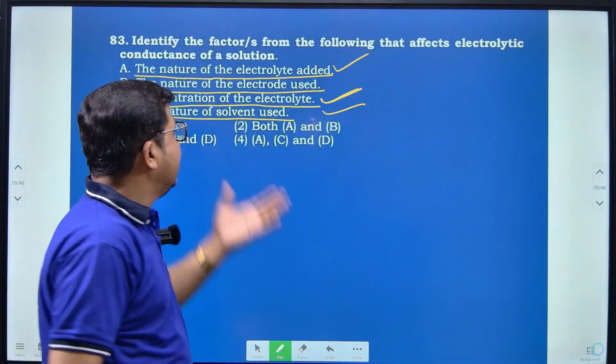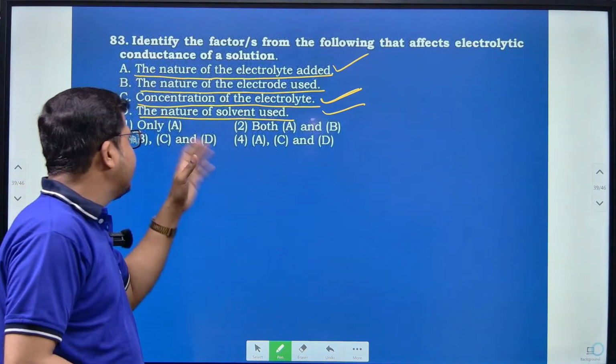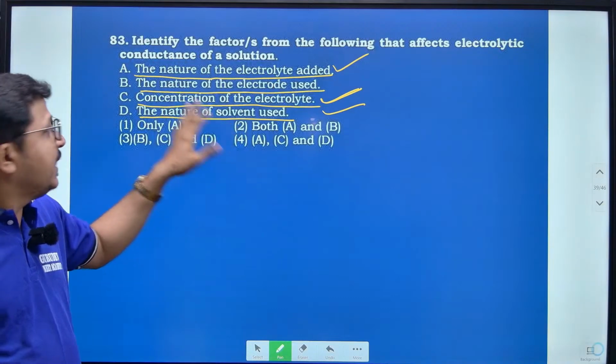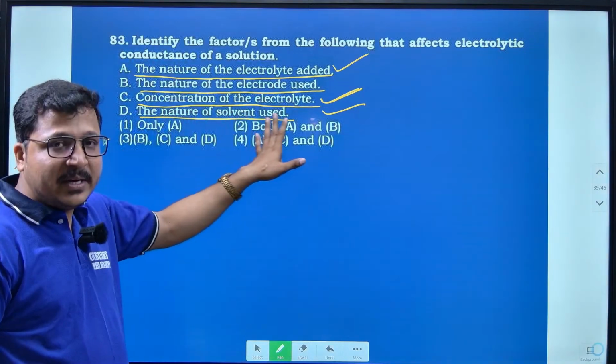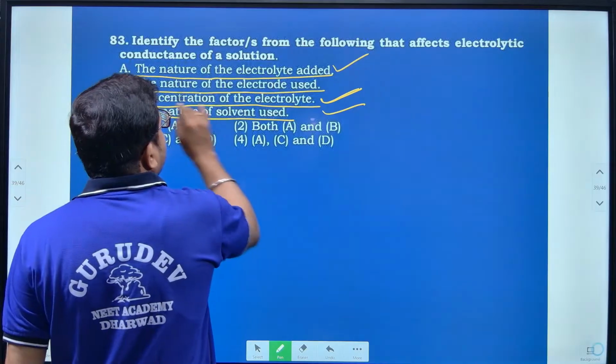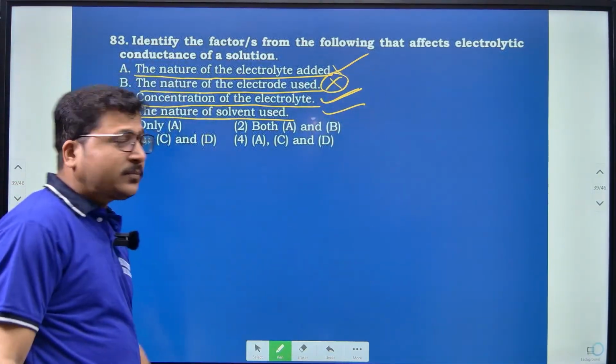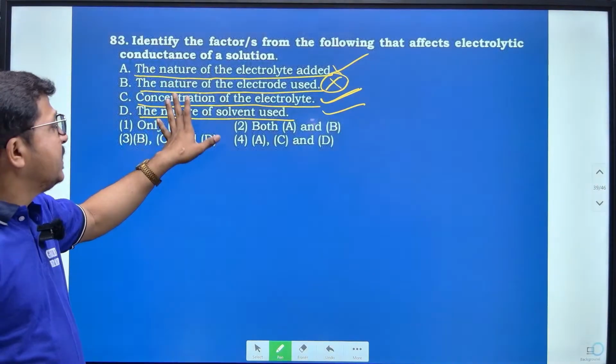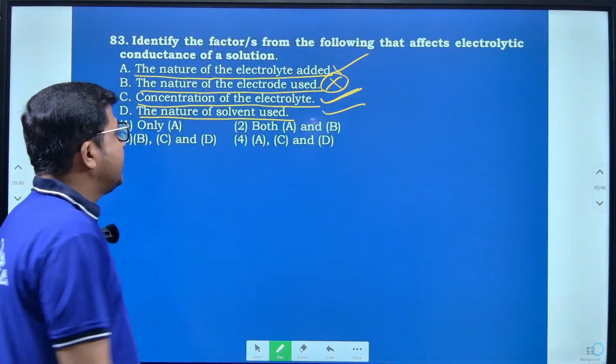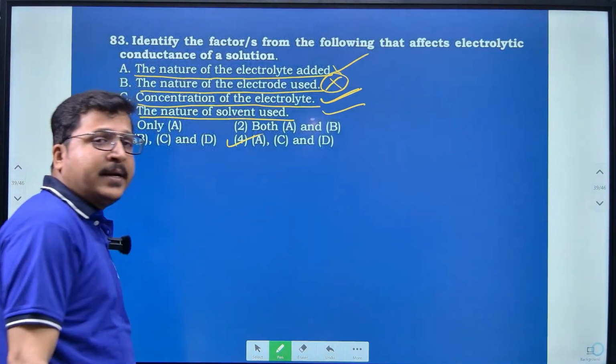In the electrolytic conductance or ionic conductance, we use polar solvents. Hence, the nature of the solvent is also very important. But the nature of the electrode used does not come in contact, and it is not to be considered. Hence, the right options are A, C, and D.